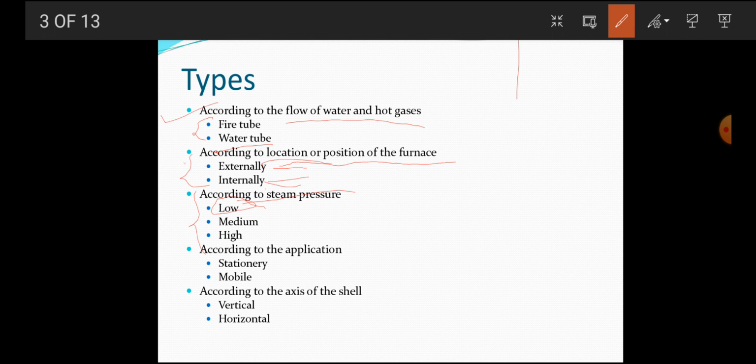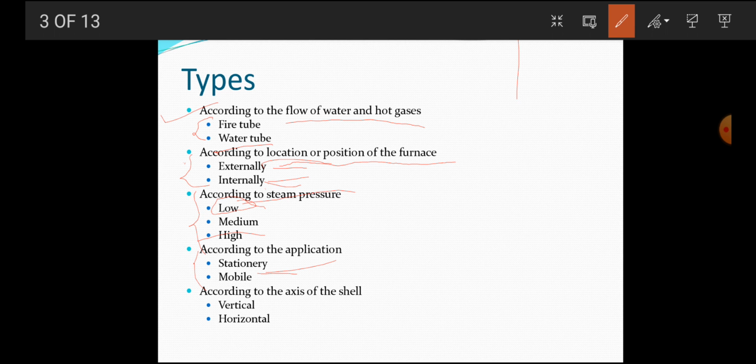So according to pressure, we have divided the boiler. Then, according to the application, it is stationary and mobile. Stationary, as the name suggests, is installed permanently on land and cannot be moved, and mobile is meant for ocean cargo and passenger ships with an inherent fast steaming capacity. So mobile boilers are installed on ships and trucks.